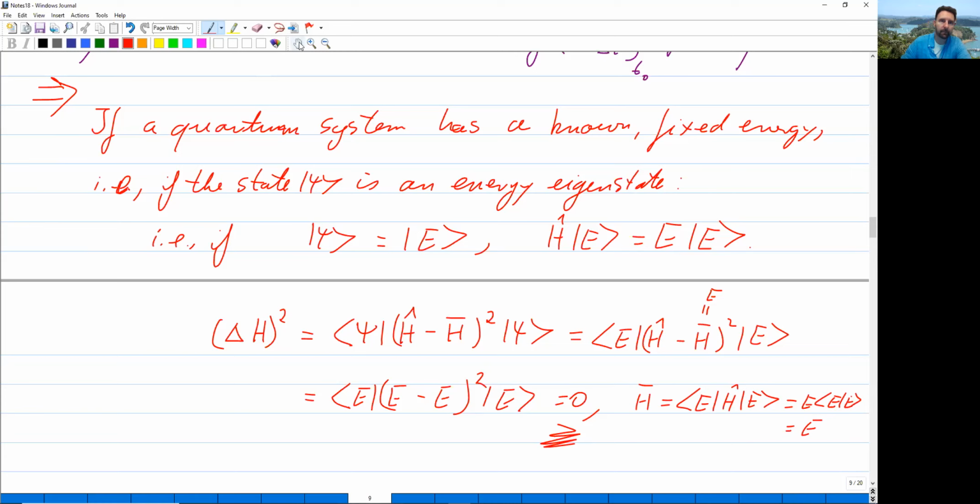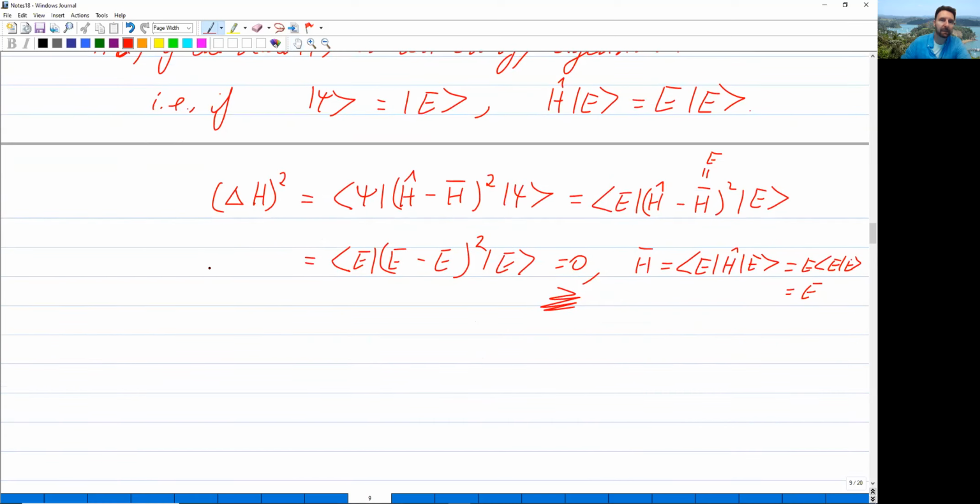But what does that mean? It means that if we know for sure what the energy of an isolated quantum system is, so if delta H is equal to 0, so if we are in an eigenstate, then by the uncertainty relation, we have delta T is infinite, right?